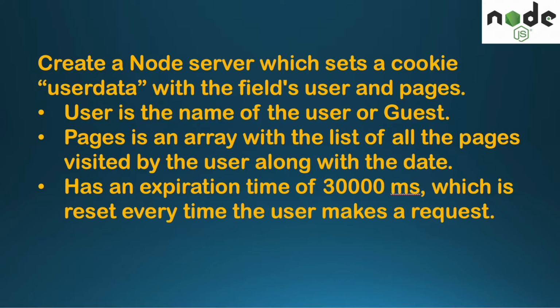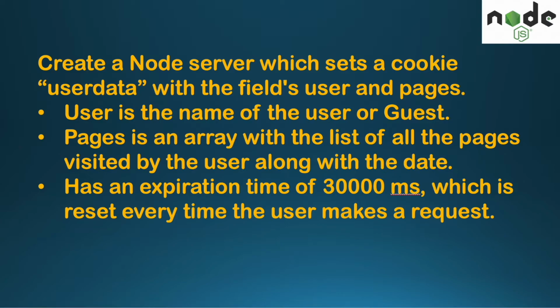User is the name of the user or guest and pages is an array with the list of all the pages visited by the user along with date. So pages is an array and each element of the array is the URL and the date.